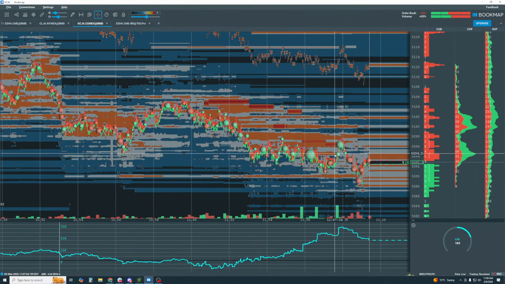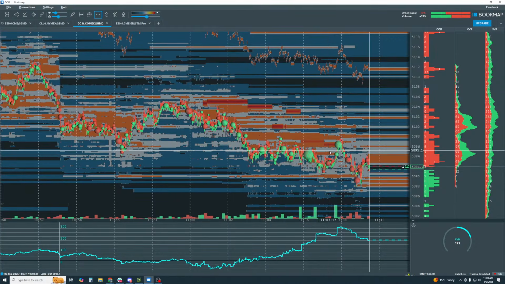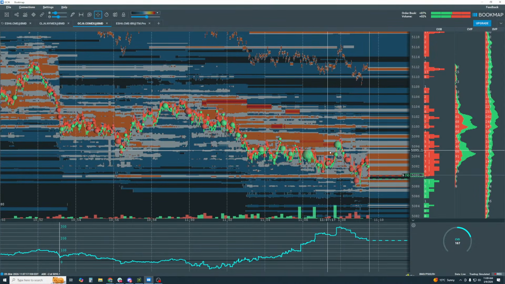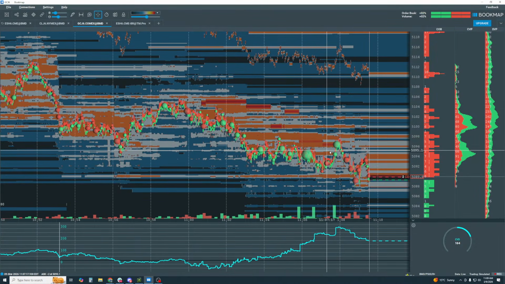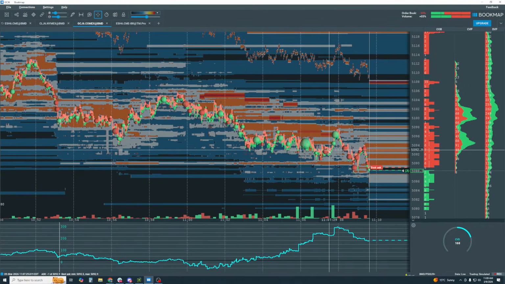This is where CVD can be really deceptive, especially with more illiquid instruments.